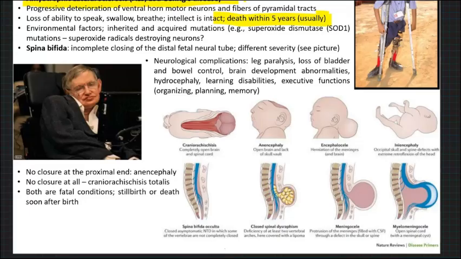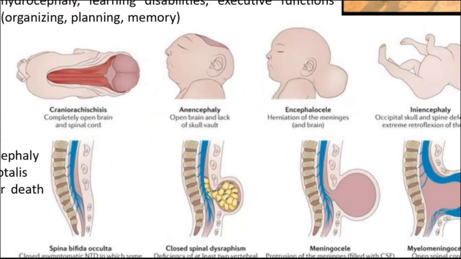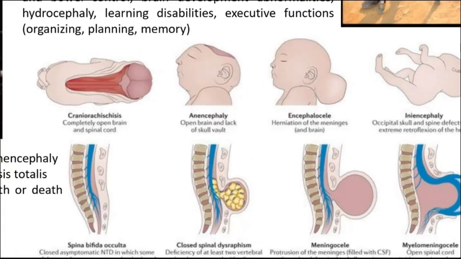The cranial end becomes brain, everything else becomes spinal cord. There are some conditions that I want you to know and understand. One is anencephaly. Okay?